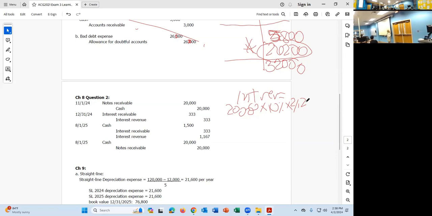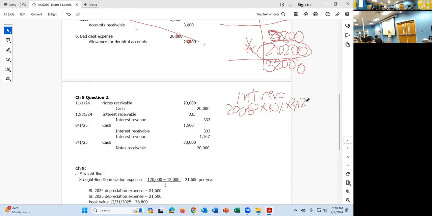Well, then, more time passes. We get to 2025, and on August 1st, our customer is going to pay us back. When they pay us back, the second entry is actually the easy one. They're paying back the $20,000 that they borrowed, so we're going to get cash for that.